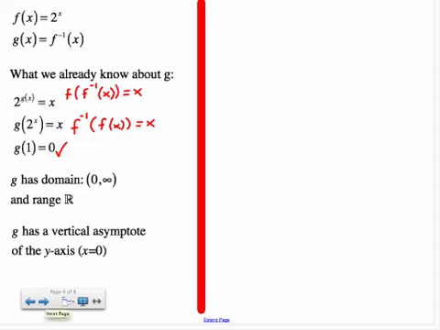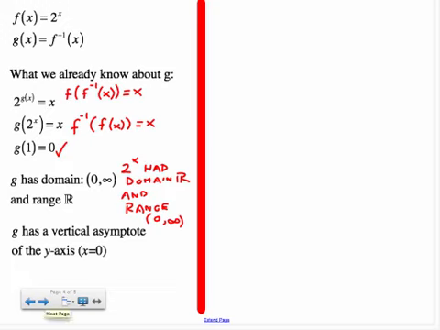This new function will have domain 0 to infinity and range all real numbers. Why? Because 2 to the x had domain all real numbers and range 0 to infinity, and we know that those two things flip when we have inverse functions. That's 0 to infinity, not inclusive.